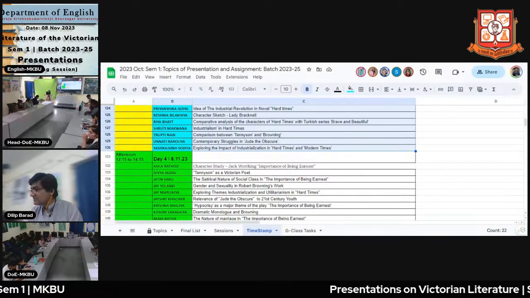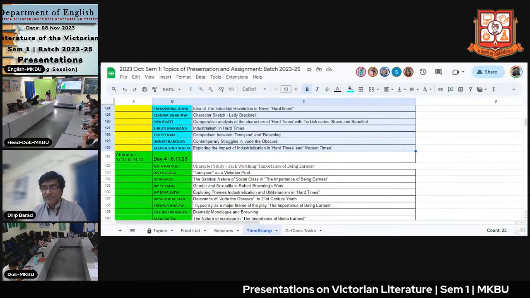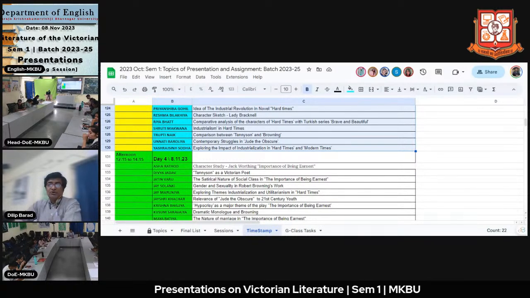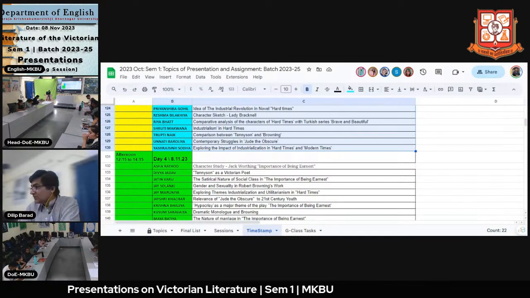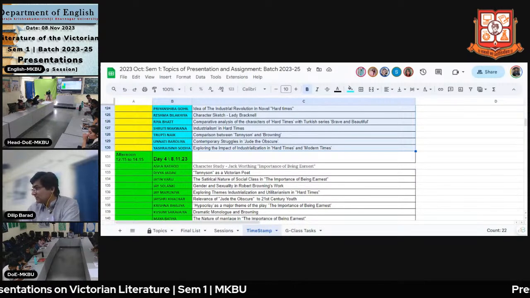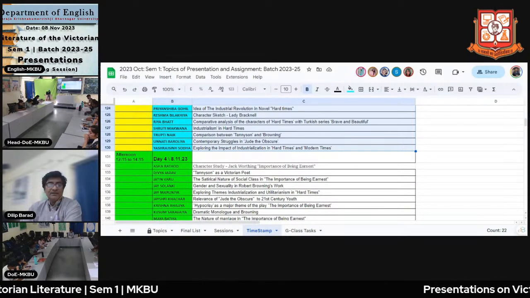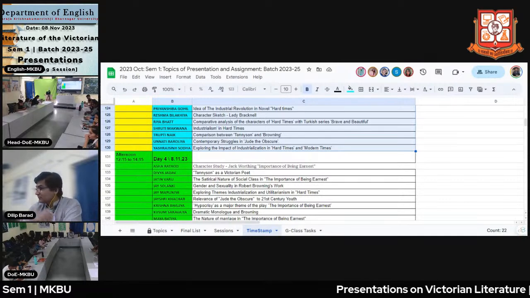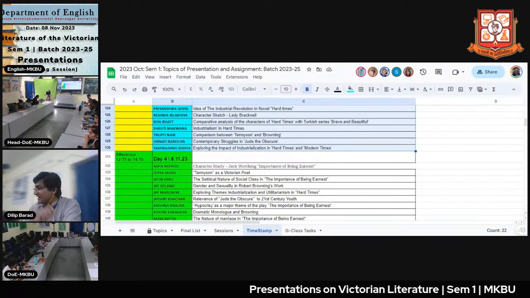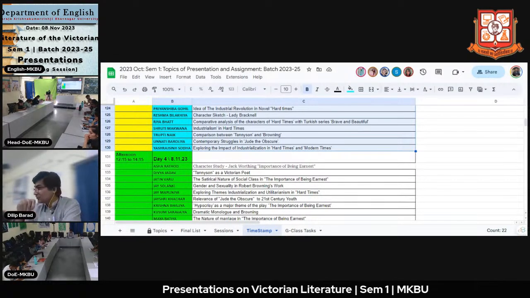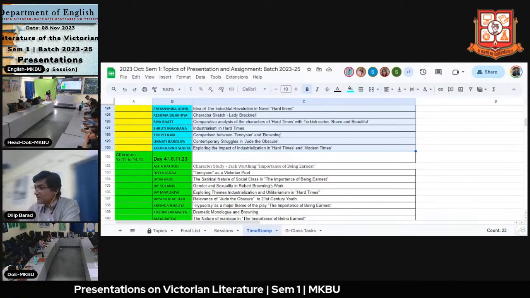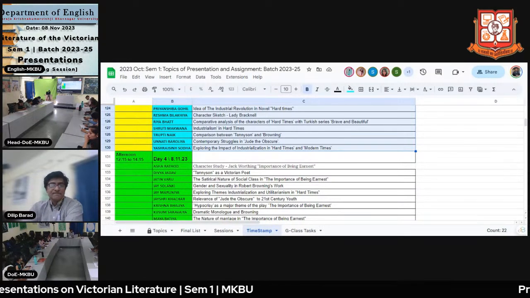In exams, when you write your answers, be careful that you don't forget to put single inverted commas around the titles of the texts. If you cannot remember this, write it down 50 times or 100 times. The title should be in single inverted commas whenever, wherever it is written.